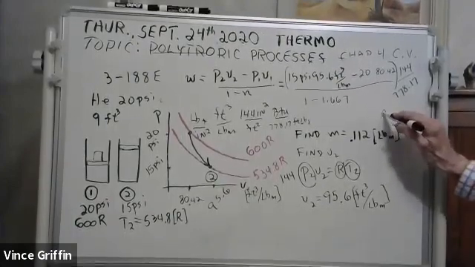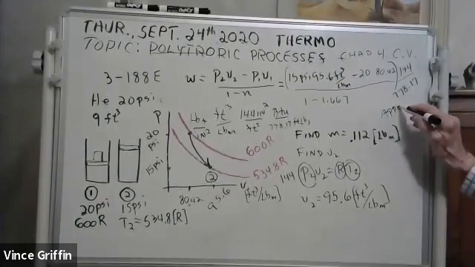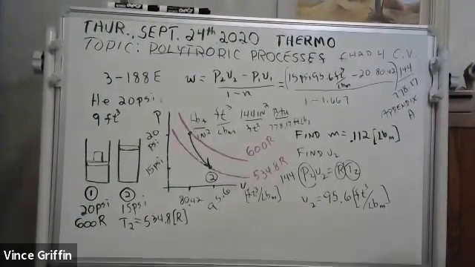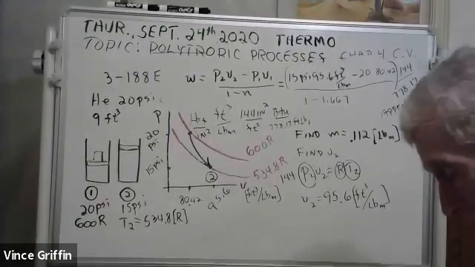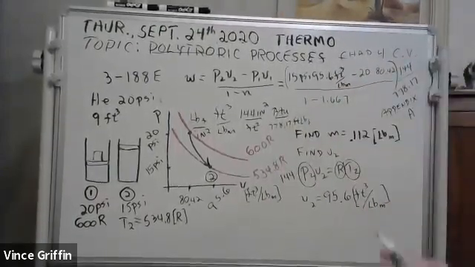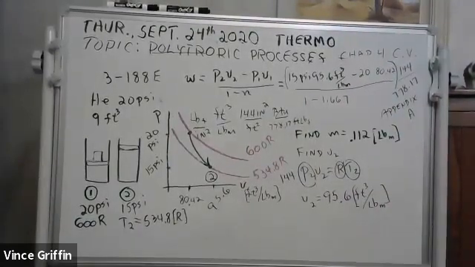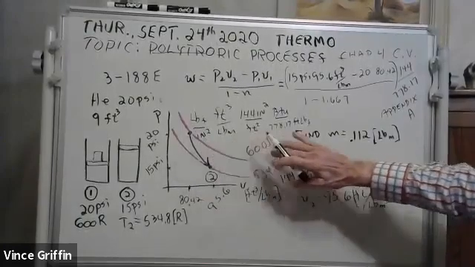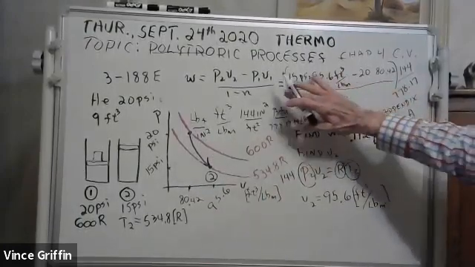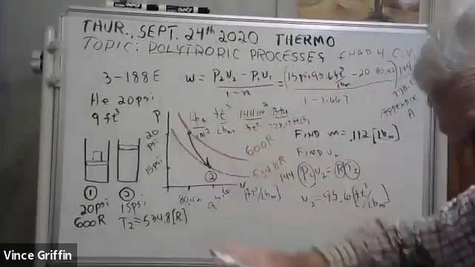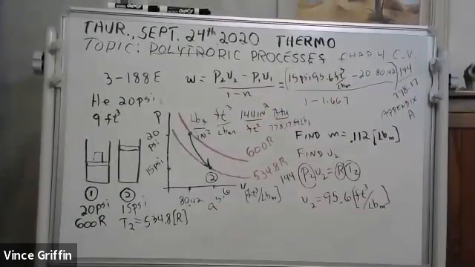You'll find that in Appendix A, in the back of your book under energy. And if we do all that, we can get the work per mass in BTUs per pound mass. I've worked out the units here for you, but here's the numbers. I want you to put those in for me, please, and we'll get the work per mass. On your mark, get set, go. Do it.